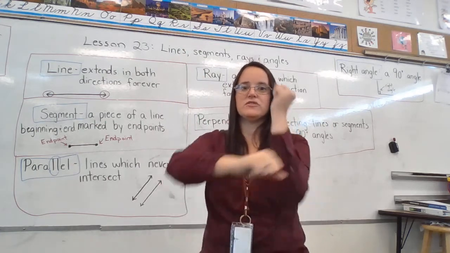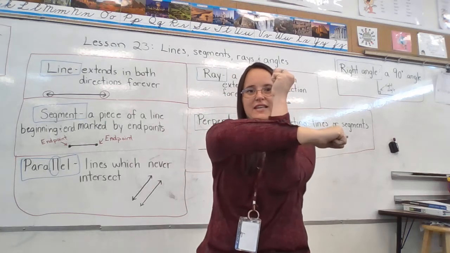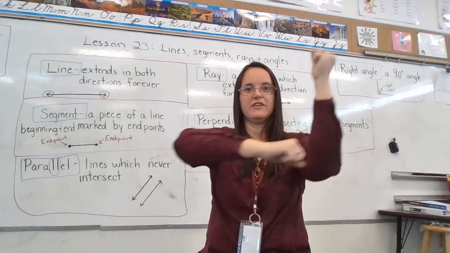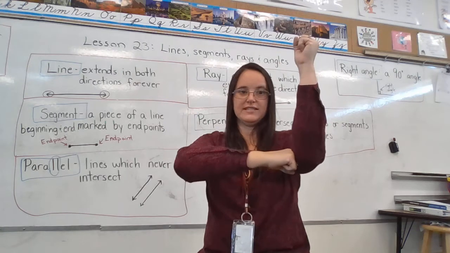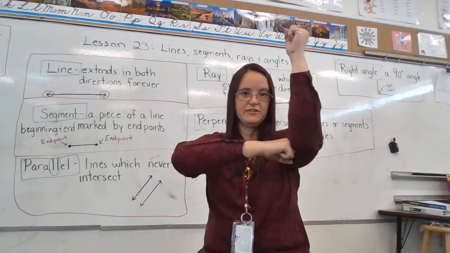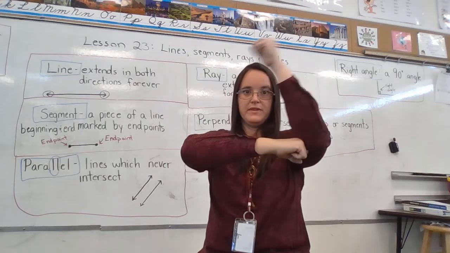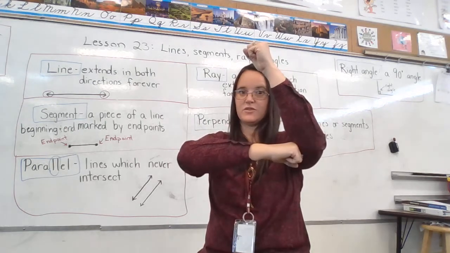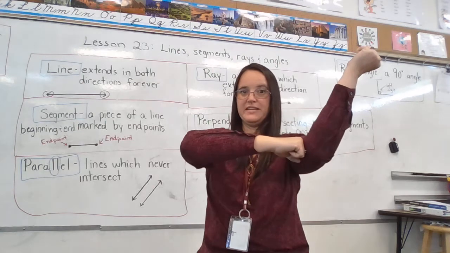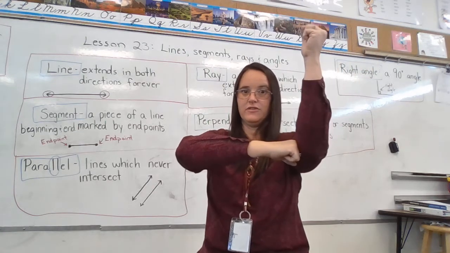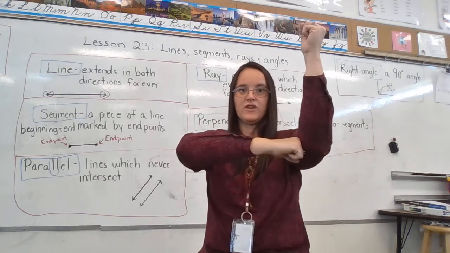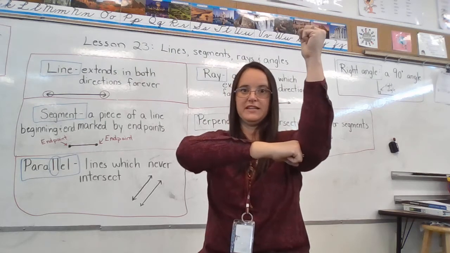Okay? Then we do perpendicular with our arms. So there's two ways you can do this. You can make the T, the cross here, that could be perpendicular, or you could just do this, because here we have one perpendicular line down at my fist and my elbow here. So, not perpendicular, that's not a square corner. Not perpendicular, that's too big of an angle. Straight up and down, and straight horizontal to the ground, perpendicular.